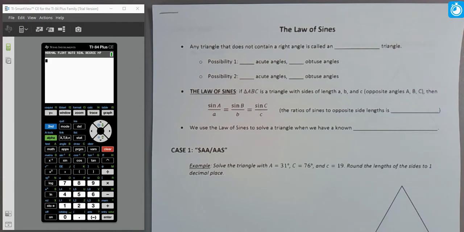In the last video, all of the situations where we were able to draw a picture for an application had a right triangle somewhere contained inside of them. In fact, our trigonometric ratios are all defined in terms of right triangles and how our sides relate to the angles in the triangle. What happens though if we no longer have a right triangle?